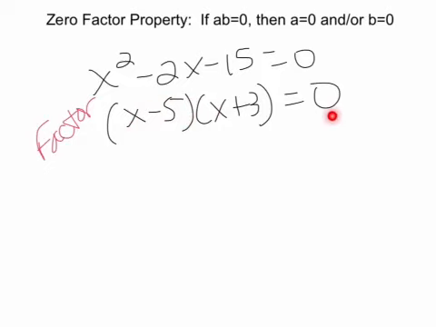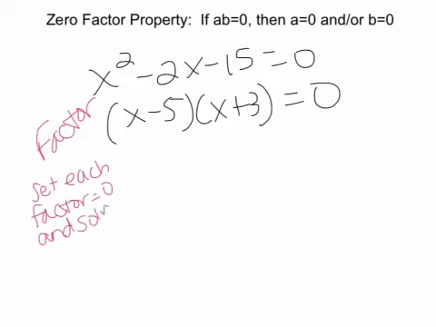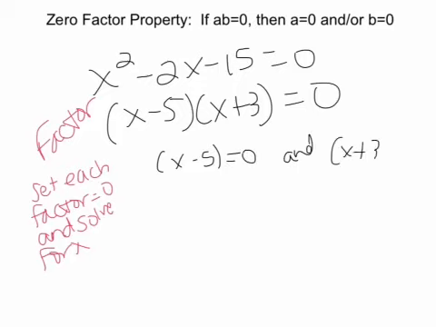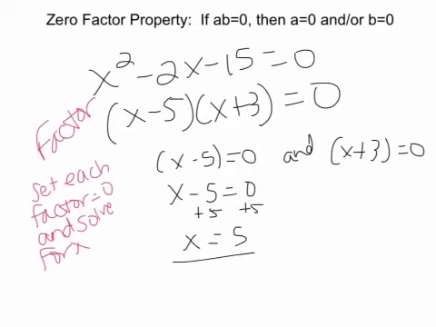So now we apply the zero factor property, which means you set each factor equal to 0 and solve for x. So I've got x minus 5 equals 0 and x plus 3 equals 0. And now I just solve. So if I want to solve for x, I add 5 to each side, and x equals 5.